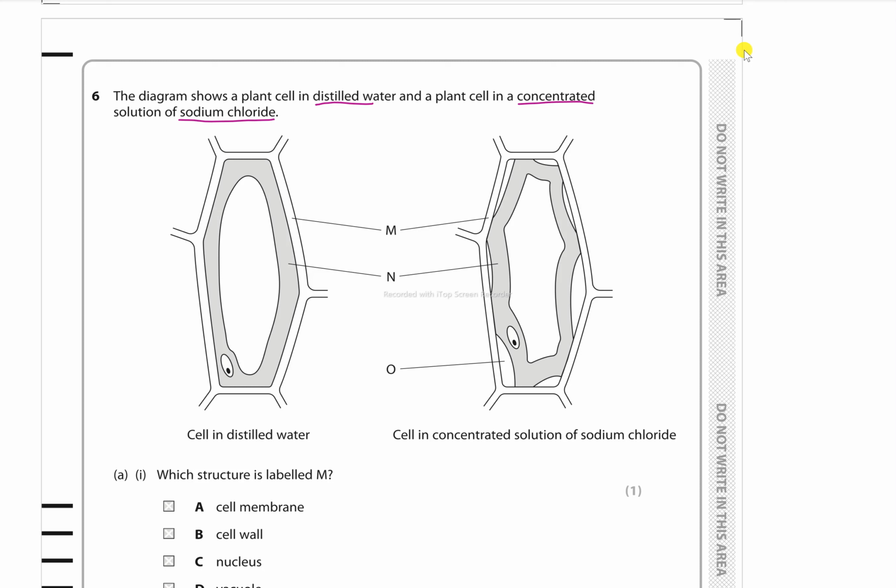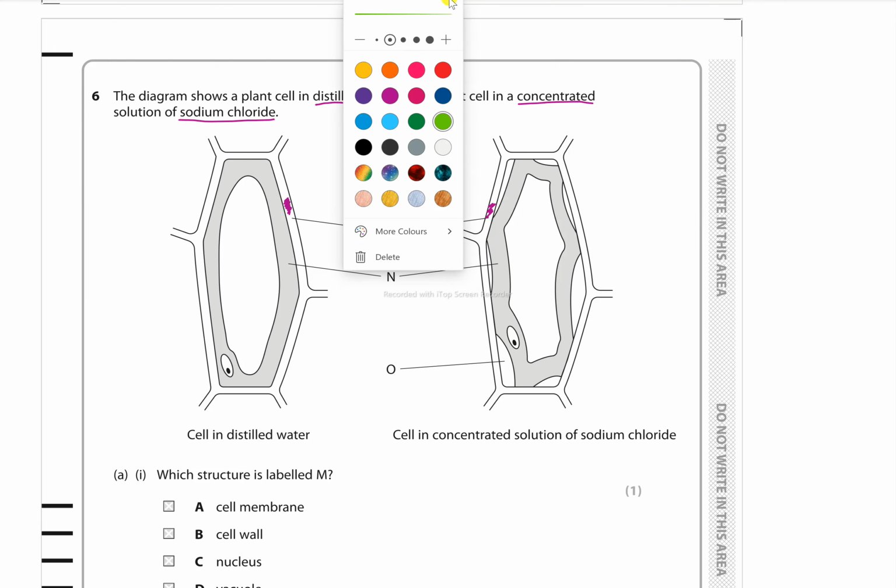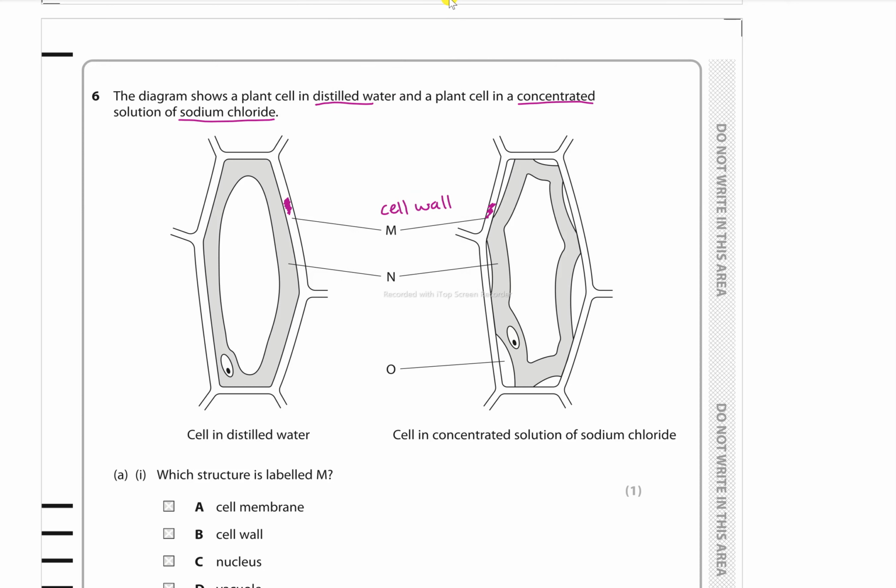If you notice here, this thick cell wall is peeling away here for some reason, whilst here it's butted up, can you see on there?